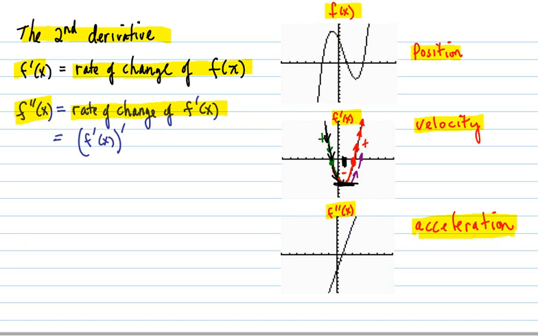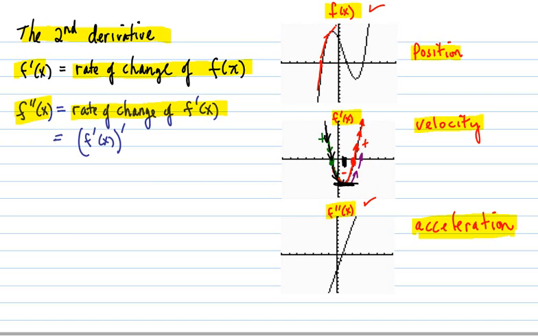Now let's talk about the relationship between the f graph and the f double prime. Alright, so here f was increasing. Slopes were very positive, but they were dropping.